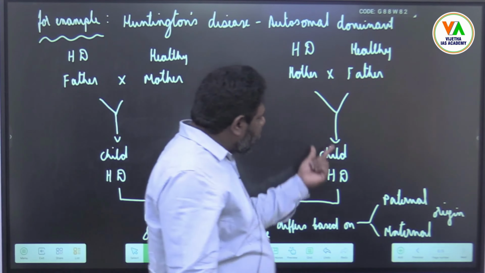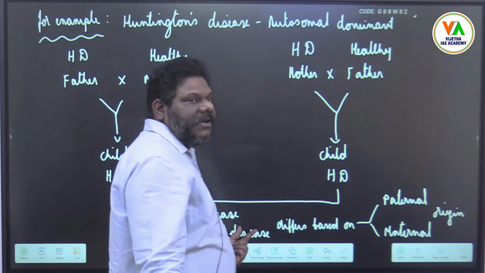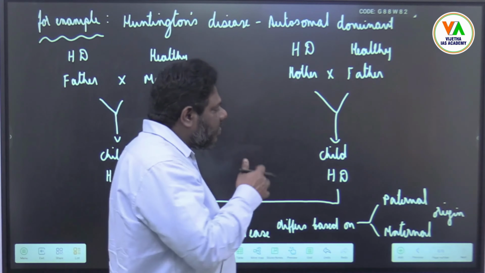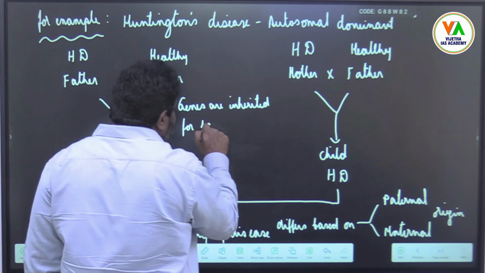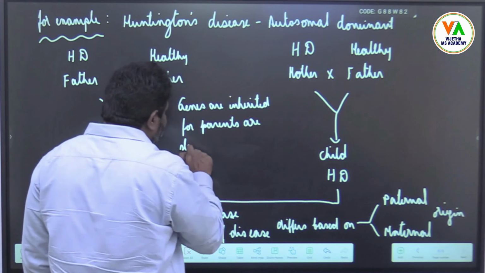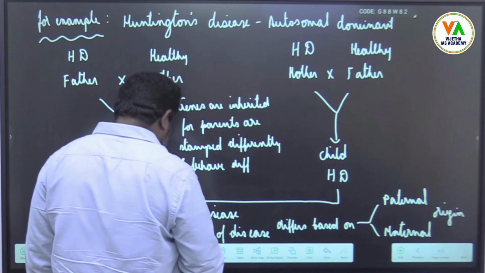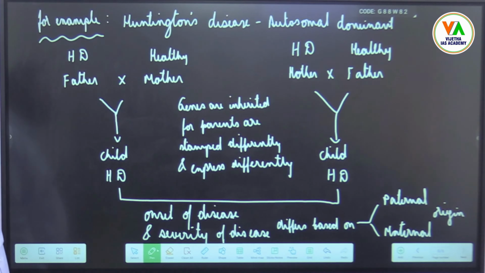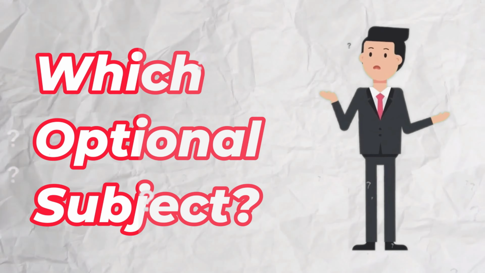But if it is from maternal origin, onset of disease may be late, severity of disease may be less. So it shows that genes inherited from parents are stamped differently and behave or express differently. So this is what is genomic imprinting. So please write.